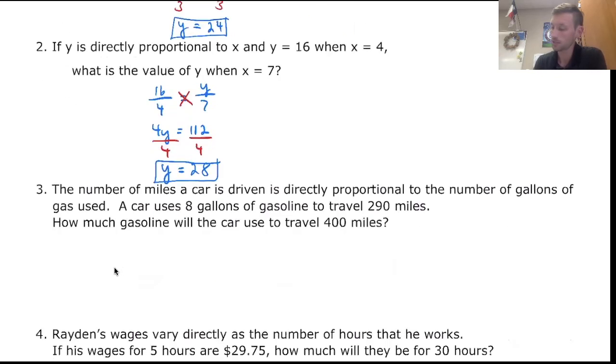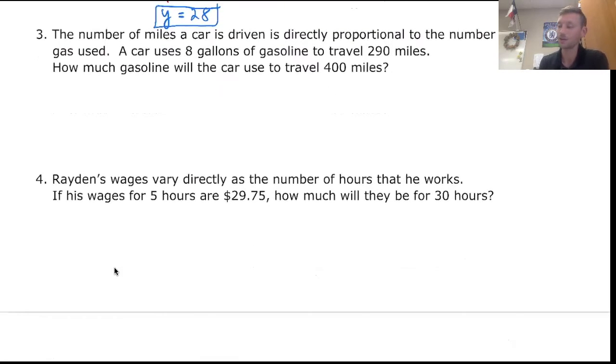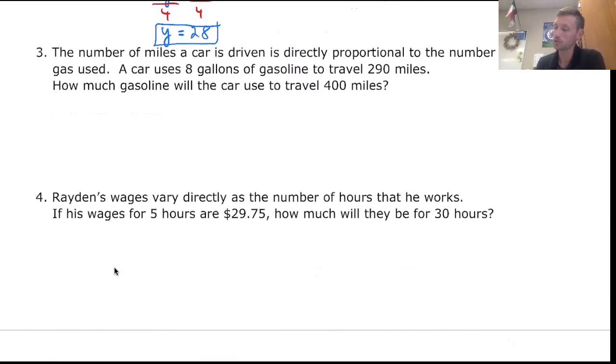So the next two examples, instead of saying X and Y, we're actually going to identify what the variable is. So we've got the number of miles a car is driven is directly proportional to the number of gallons of gas used. And there are two variables. Instead of X and Y, we have the number of miles driven and we have the number of gallons of gas used.